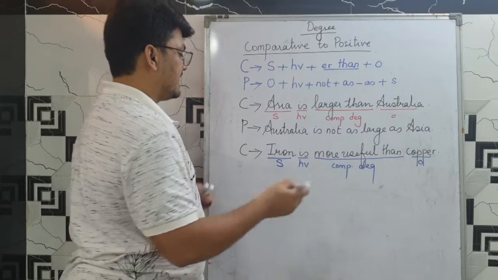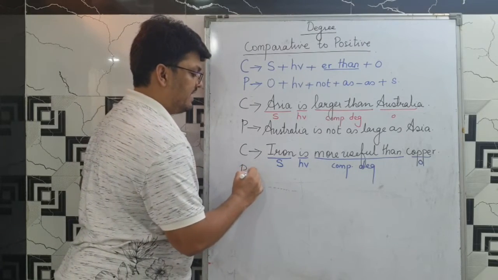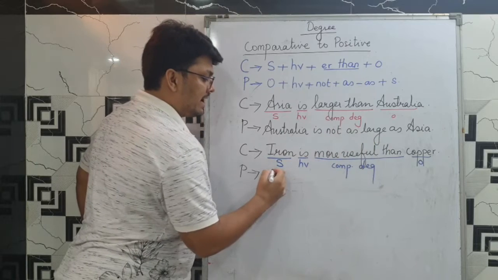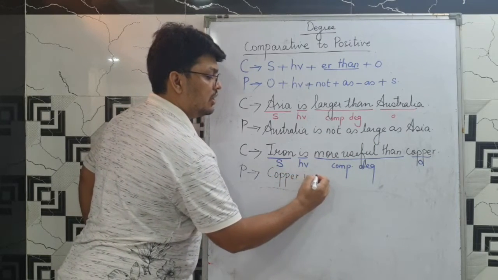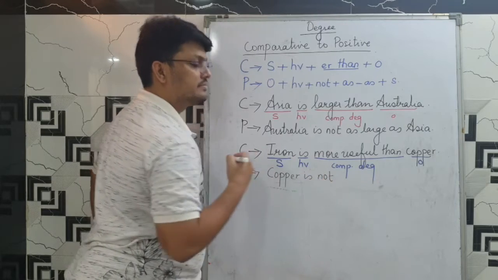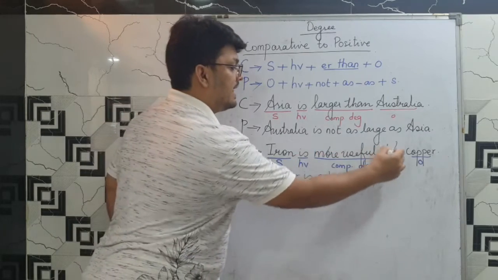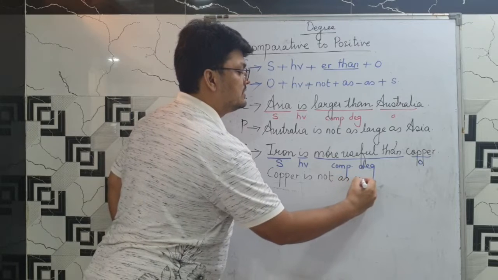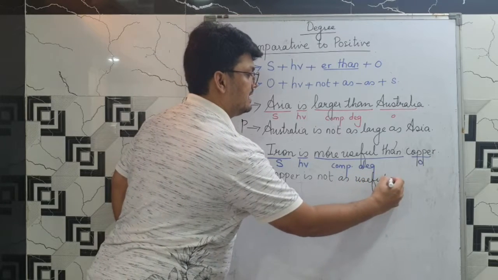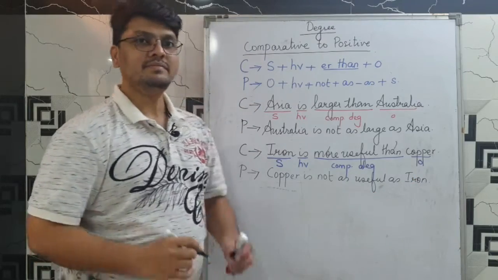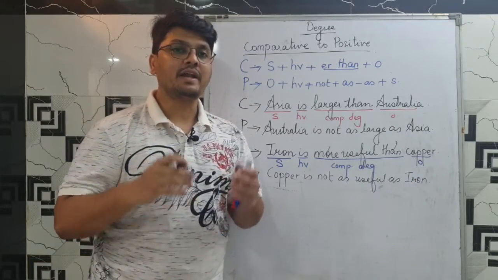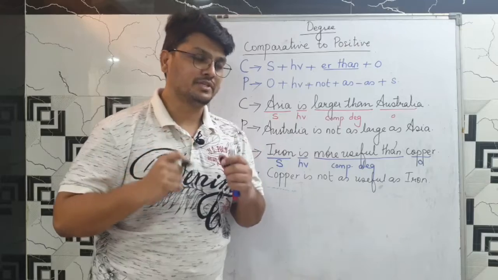So let's see the transformation. Positive degree: copper will come here, is not, cancel more than and use as useful as iron. Okay, so this is what we have done, comparative to positive.